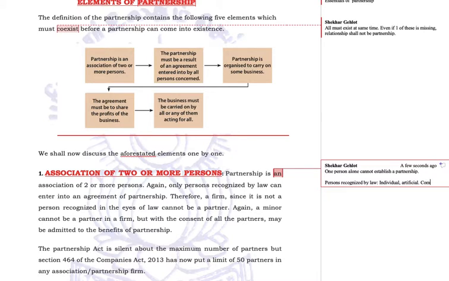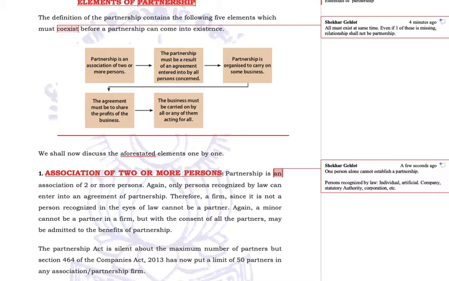Artificials are like company. Can a company be a partner in a partnership firm? Yes, it can be. Or statutory authority, corporation, etc. Whatever artificial people we can find, like company, statutory authority, or corporations.